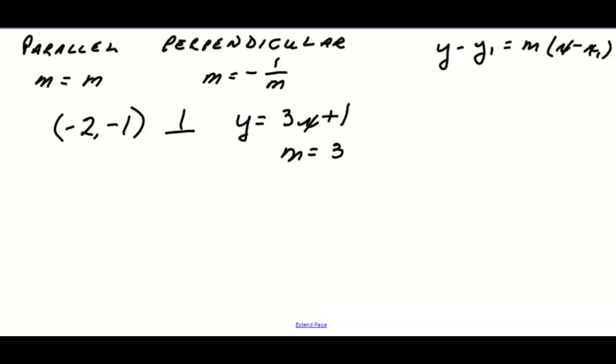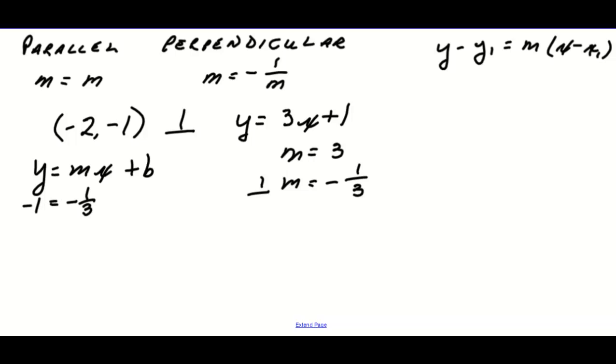But a perpendicular slope, how you like my symbology there, would be negative, the inverse, which is 1/3. So when we set this up, y equals mx plus b, taking the point y being negative 1 equals that negative 1/3 times x, which is negative 2, plus b.